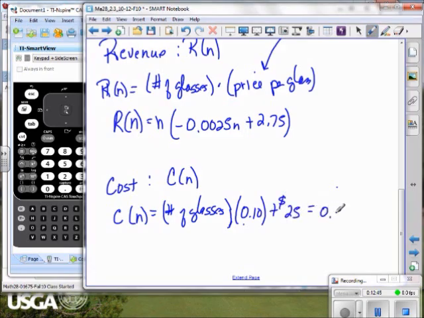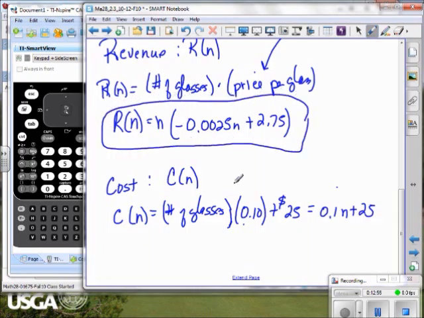So that's 0.10n plus 25. So here's my revenue. Here's my cost. I'll say C of n so I can put it all in here.